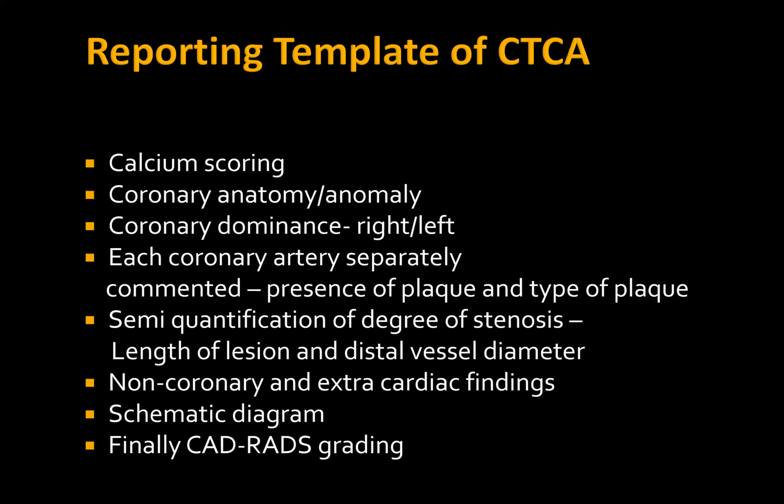So we should start our reporting very simply with calcium scoring. If someone wants, they can put individual vessels, but the total amount is enough. Then, on the second line, we should mention the anatomy, whether it is normal or whether there is any anomaly. And third, we should mention the dominance, right or left.